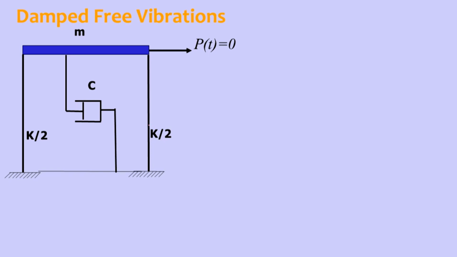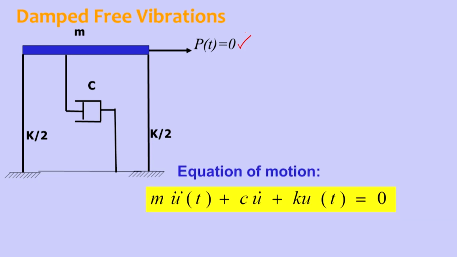Energy is removed by the viscous damper present in the system, and the externally applied force is 0, represented by P of t equals 0. So the equation of motion is m u double dot plus c u dot plus k u is equal to 0. In this, damping is a non-zero term, so it has some value.